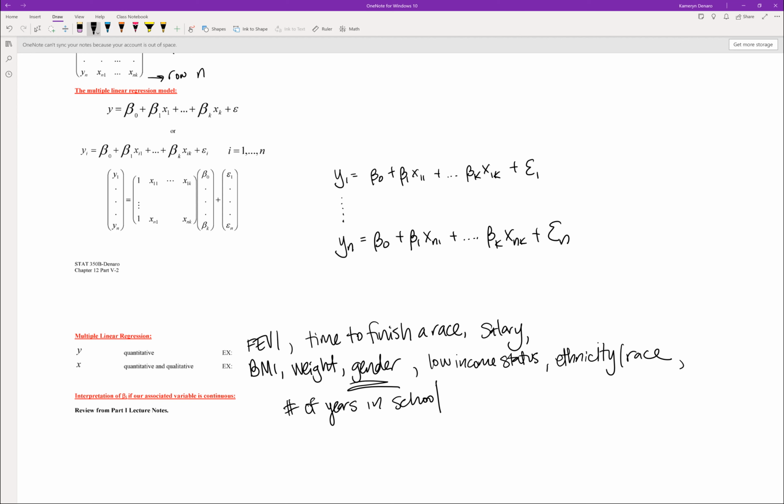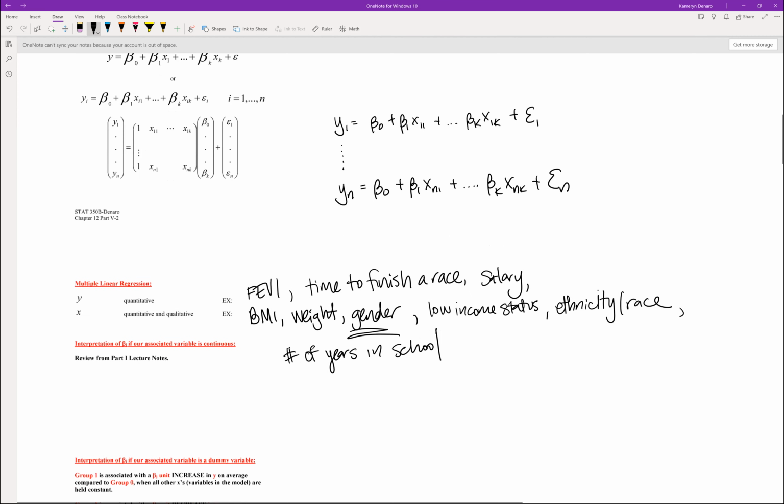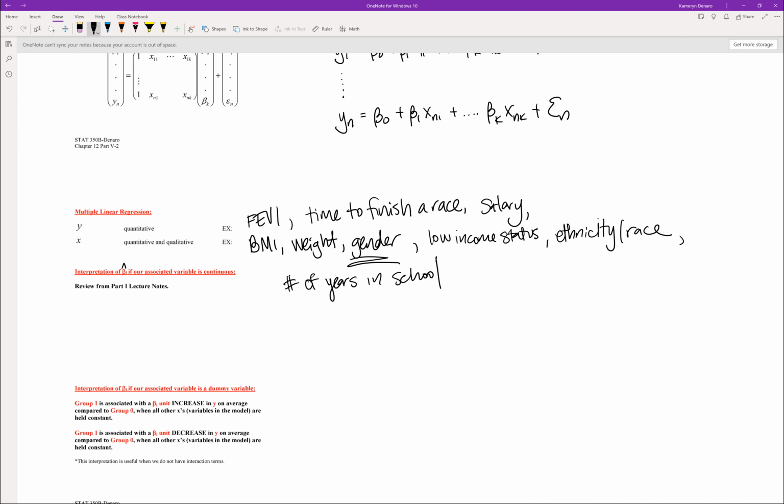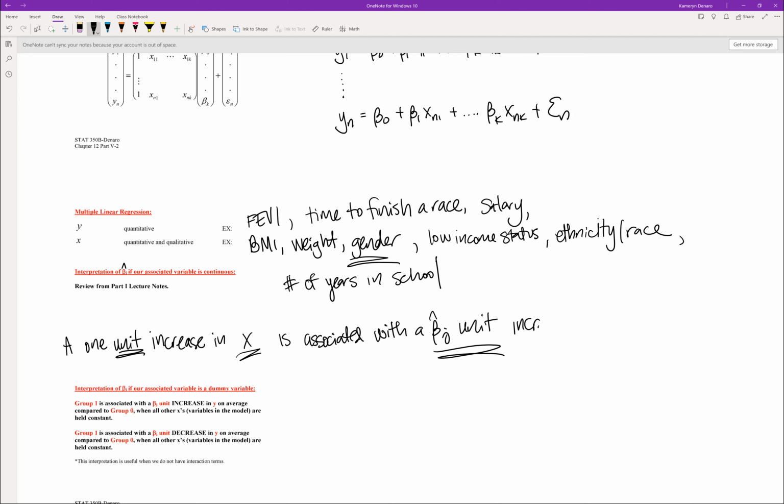In a previous section, we talked about how to interpret our beta hat j's if our associated variables are continuous. In general, we would say a 1 unit increase, using the correct units, in x is associated with a beta hat j unit increase or decrease in y.